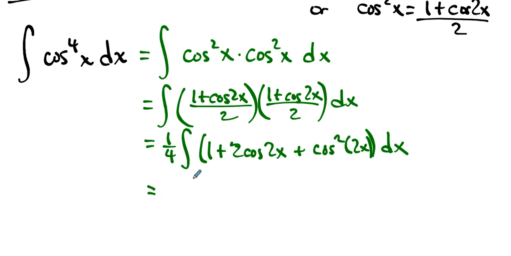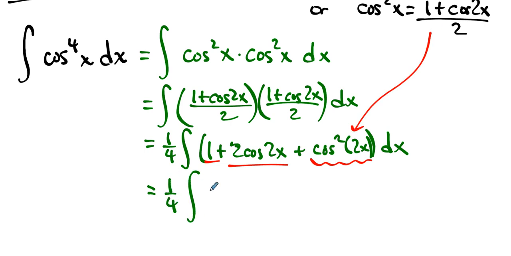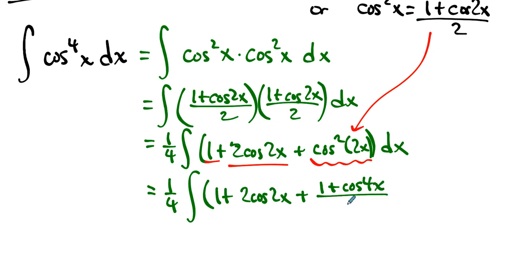We can do this mostly. Like, I know what the antiderivative is here. I know what the antiderivative is here. That's tricky, but we play this game again. So that's 1, that's 2 cosine 2x. This is 1 plus cosine of the double angle over 2.